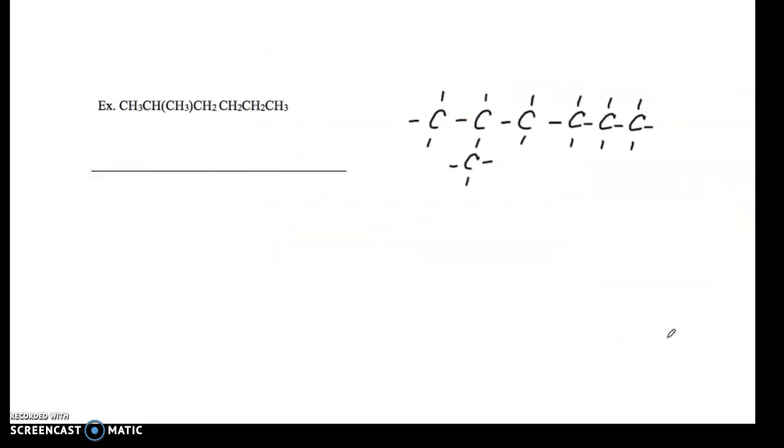Alright, another simple one. Here they give us the condensed, and here they give us the structural. I always like using the structural because you can see it a whole lot easier than looking at the condensed, or the molecular. Molecular really doesn't give you the totality of it. So let's identify our longest chain. It is here. And then let's start numbering it.